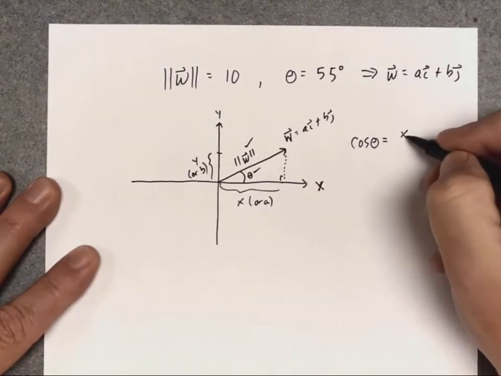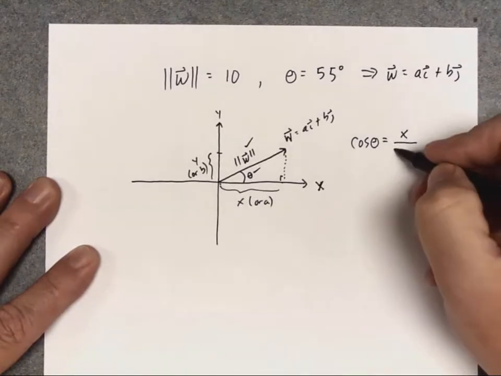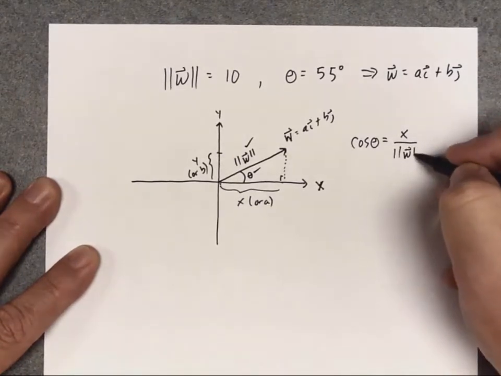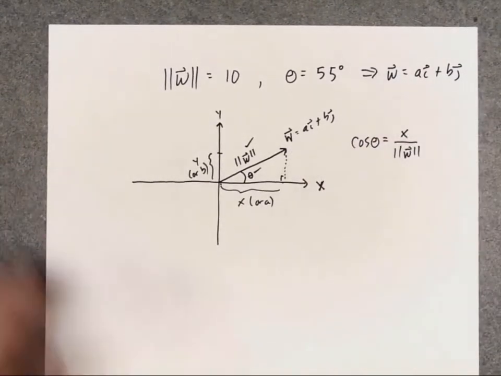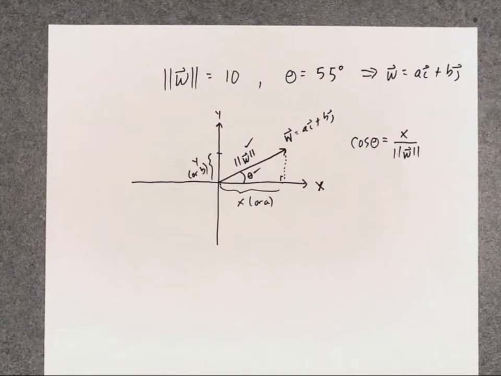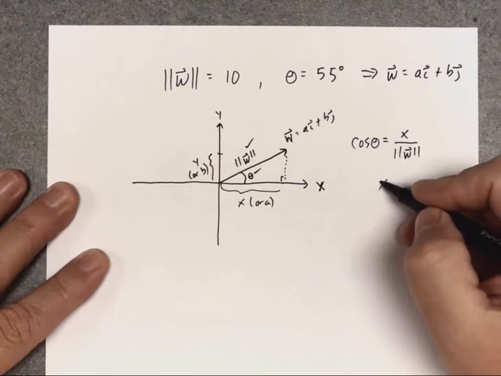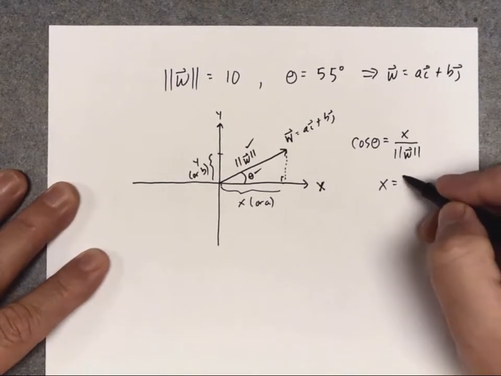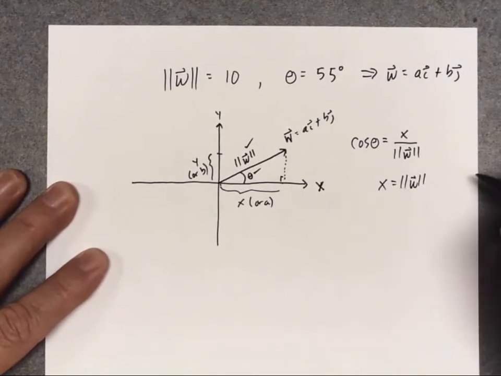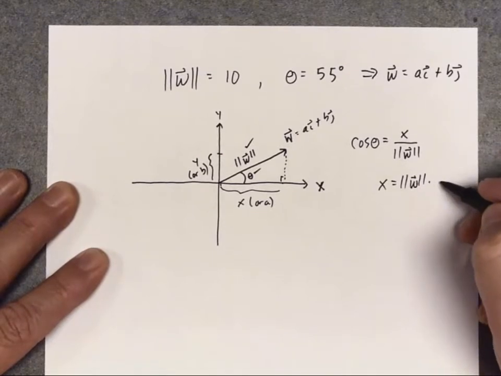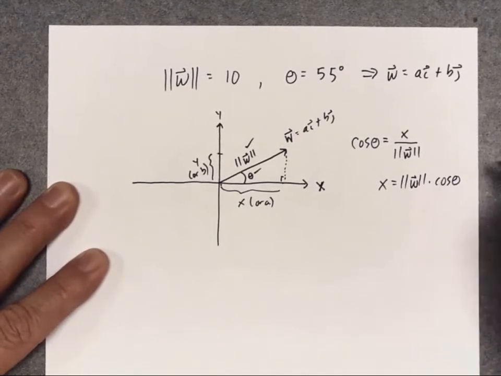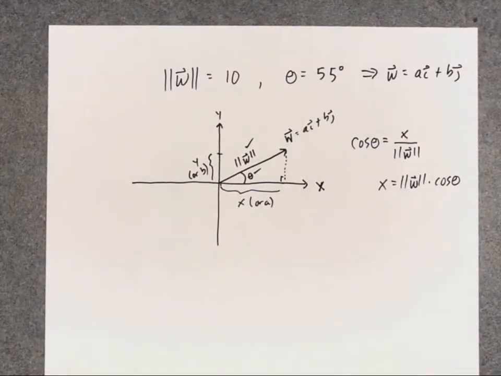Adjacent is like x, hypotenuse is the magnitude. So really, if I'm looking for the x part of this, it's just simply the magnitude of my vector times the cosine of the angle.